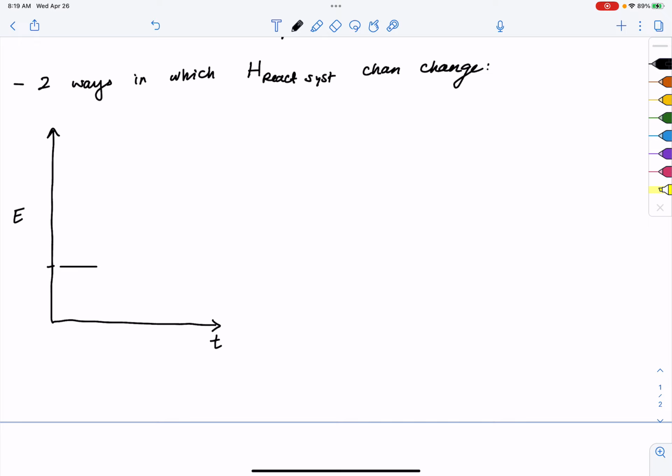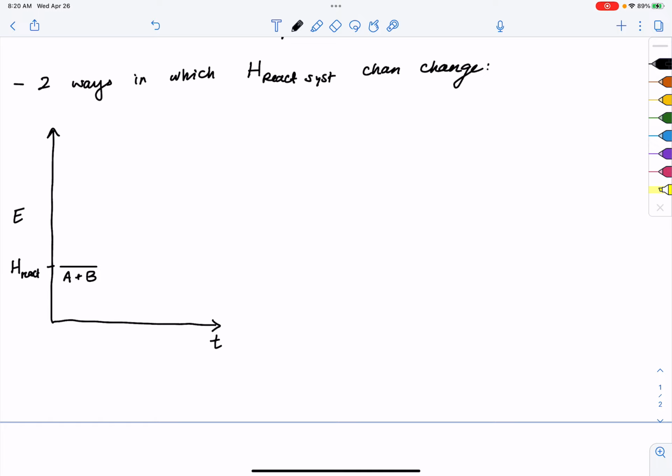So we could call this the total heat of the reactant system. And let's call our reactants A coming together with B. Now let's suppose that in order for this reaction to happen, energy is required.